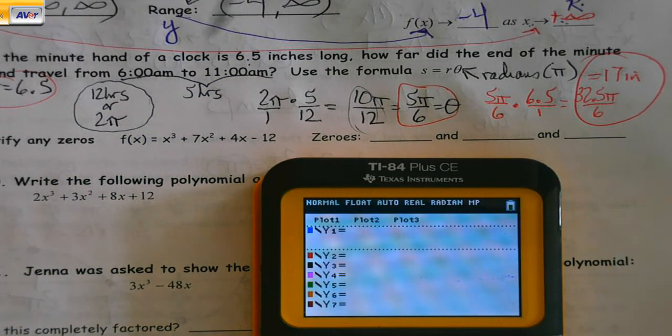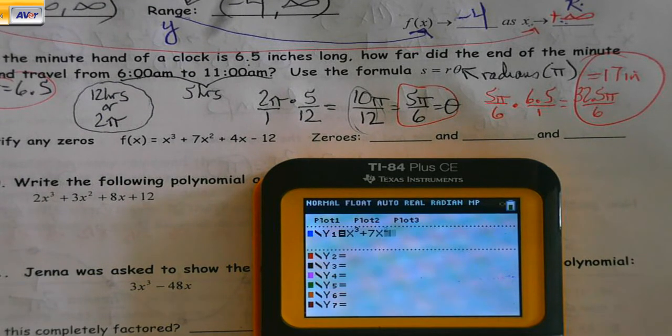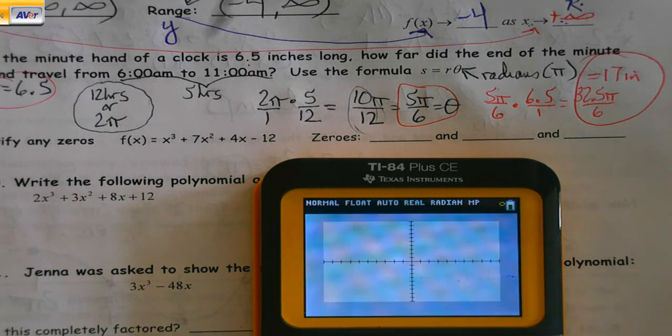Identify zeros. X to the third plus 7x squared. Whoa. Try again. X to the third plus 7x squared plus 4x minus 12. Okay, remember, when we're looking for zeros, we'll pop the graph here for a second. Zeros mean x-intercepts.